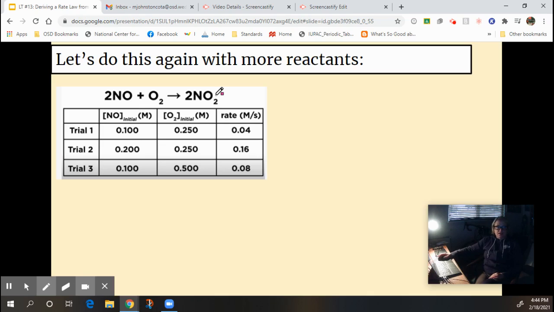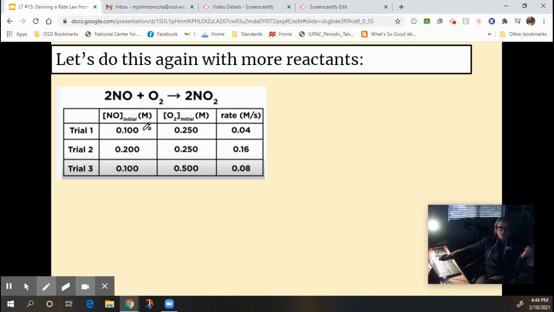So here is the data that I supposedly collected during 3 trials of this experiment where I was adding the NO plus the O2. Trial number 1 versus trial number 2, I controlled the amount of oxygen gas, and I manipulated the amount of NO gas.